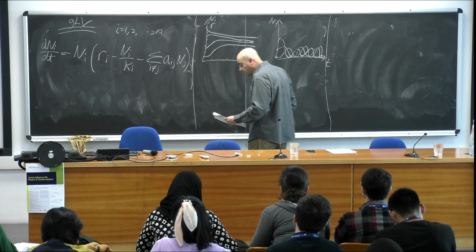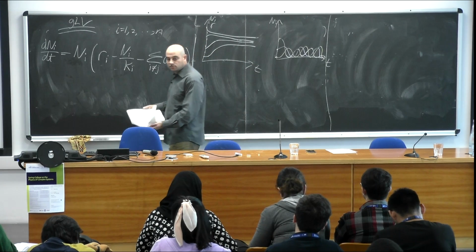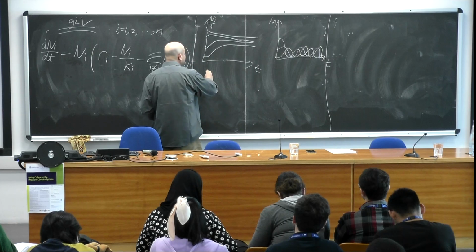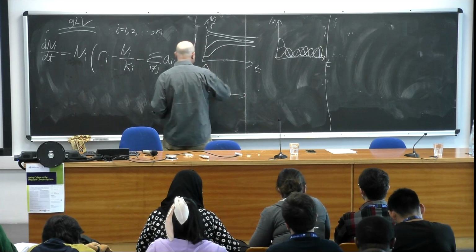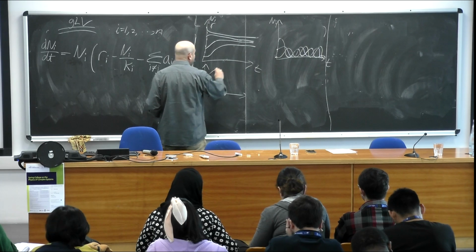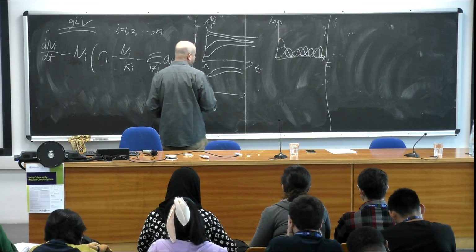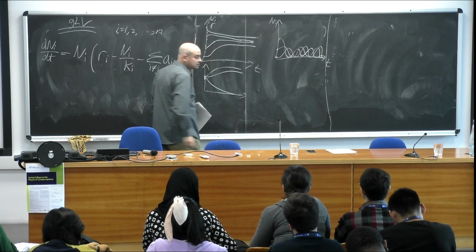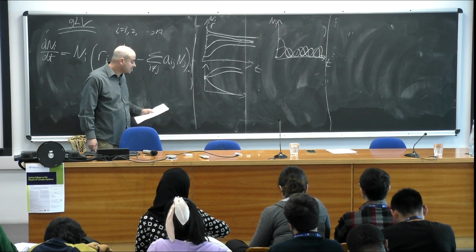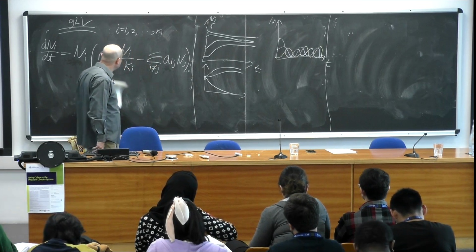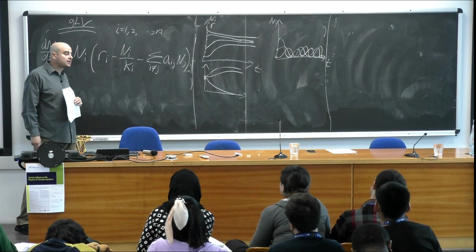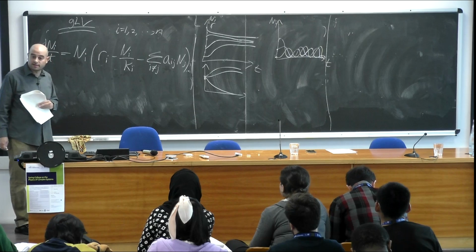It's also quite easy to cook up an example where some species die out and only others remain. So you start with 3 species and 2 stay and 1 dies out. And finally, this can also lead to chaotic behavior. You need at least 4 species for that, but you can actually get chaos out of this.